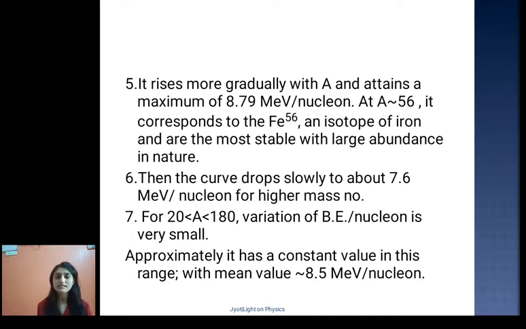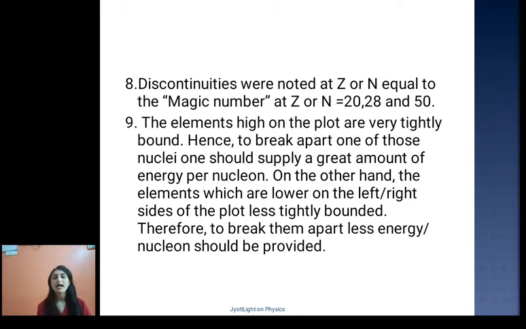When the atomic mass number is between 20 and 180, the variation of binding energy per nucleon is relatively small. Approximately it has a constant value, with a mean value you can say 8.5 MeV per nucleon. And notable discontinuities are observed for Z or N equals a magic number.